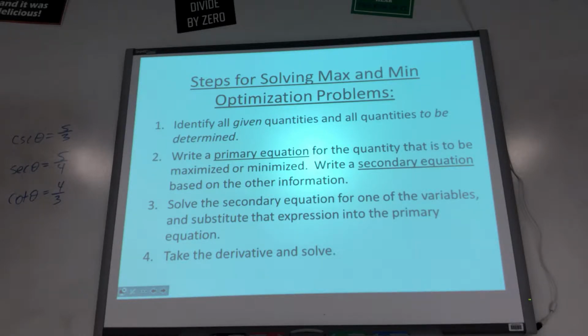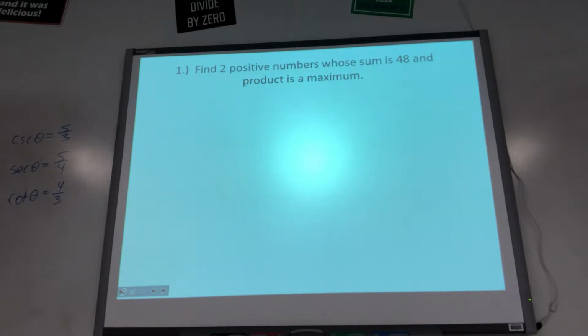Okay, I'll try to get through at least one example here before you guys have to leave, or some of you. Example 1, find two positive numbers whose sum is 48 and whose product is a maximum.